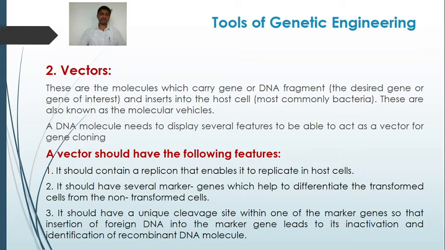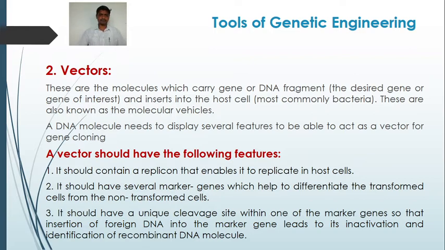So these are the transformed cells and non-transformed cells. If the vector possesses the marker gene, it helps to differentiate the transformed cells from the non-transformed cells. So to make a differentiation between the transformed cells and non-transformed cells, the vector DNA should have several marker genes.